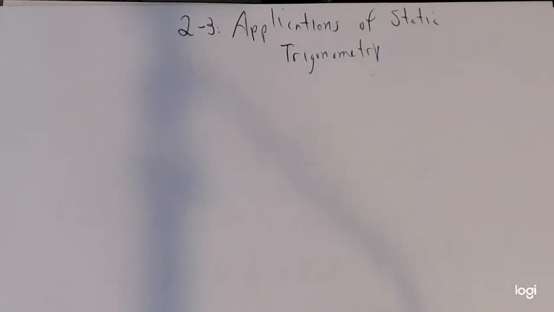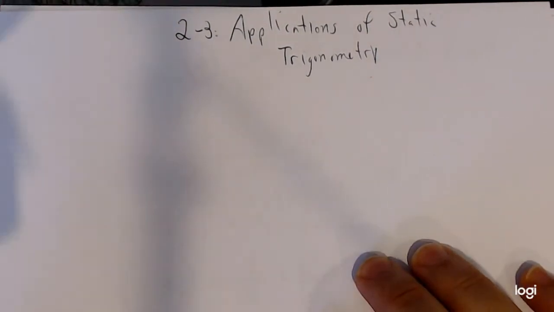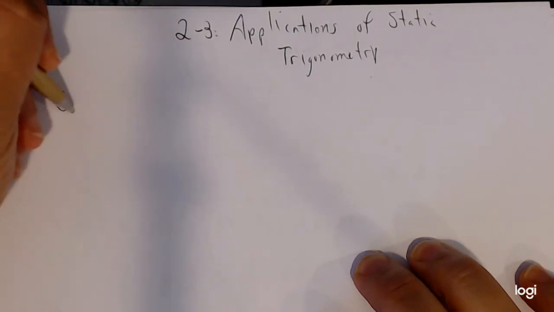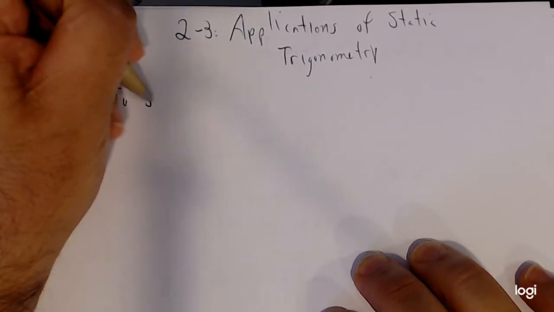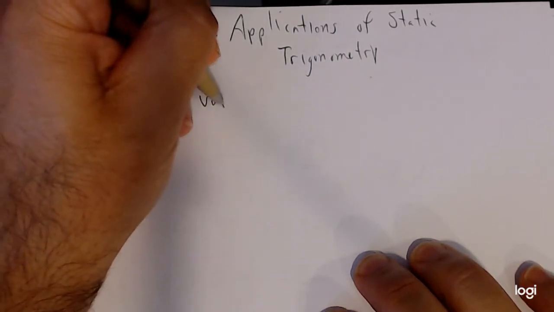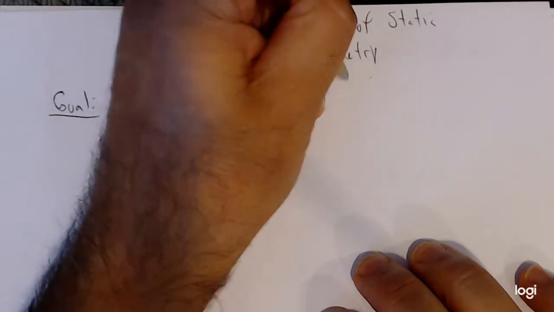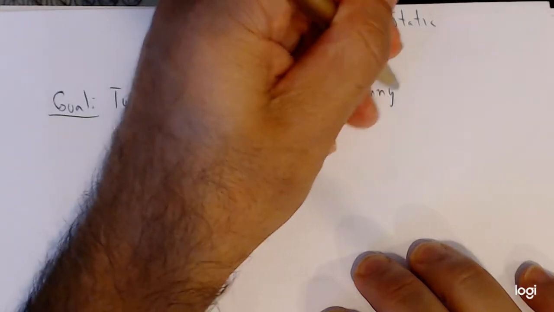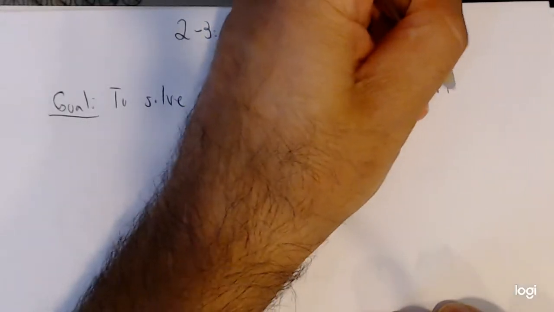Okay, so in this section, we're going to be dealing with some real world problems where we'll use trigonometry to help us solve certain types of application problems. Just like I mentioned, the goal here is to solve various right triangle trig application problems.